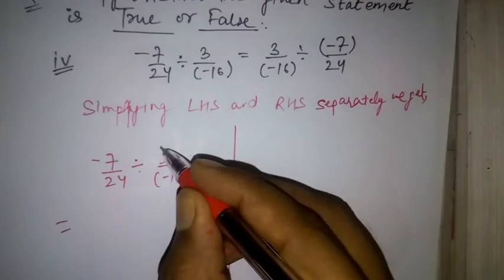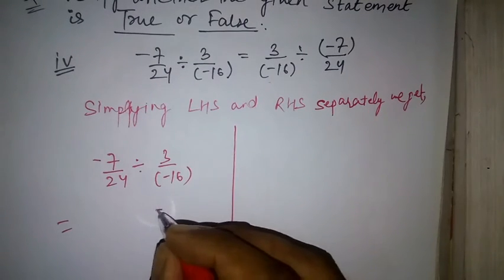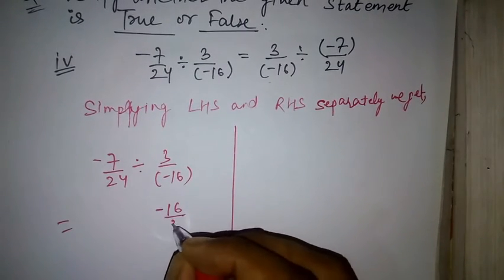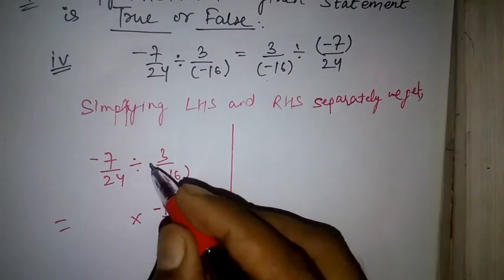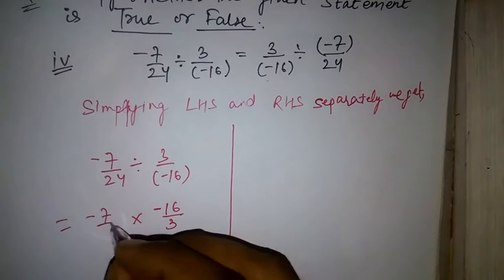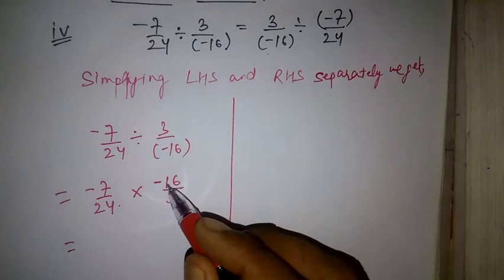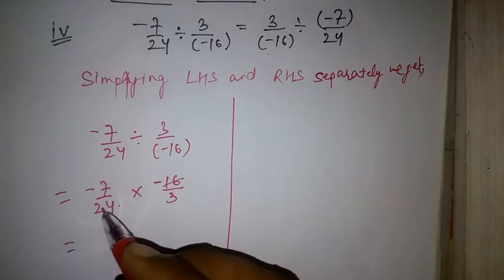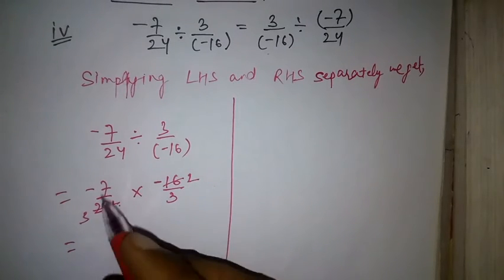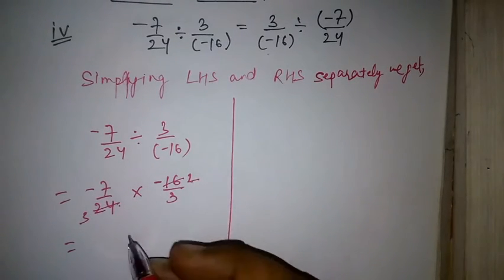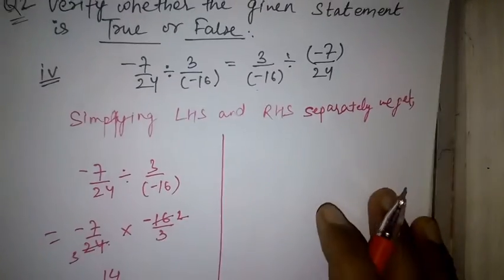The multiplicative inverse of 3 upon minus 16 is equal to minus 16 upon 3. This division sign will change into multiplication sign, and here minus 7 upon 24. We can simplify this as 3 and 2. Then minus 7 into minus 2 equal to 14, and 3 into 3, it is equal to 9.